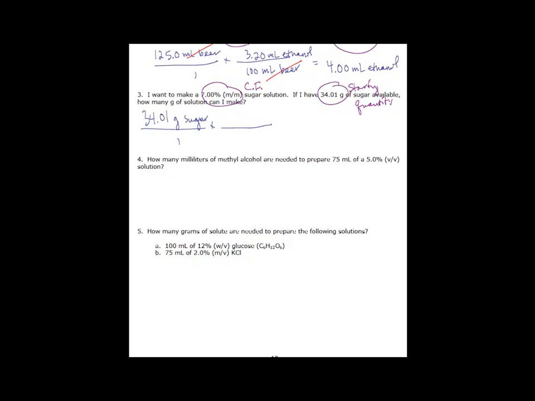And then to use this conversion factor properly, 7 grams of sugar, 100 grams of solution. Grams of sugar cancels out. 34 times 100 divided by 7 gives you 485.85 grams of solution, but I can only have 3 sig figs, so 486 grams of sugar solution.